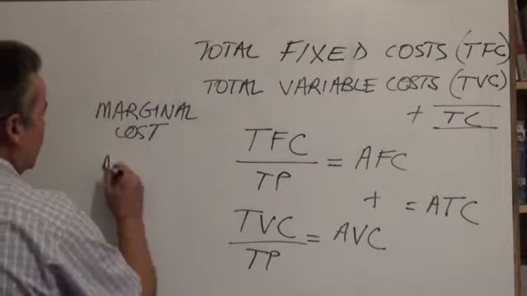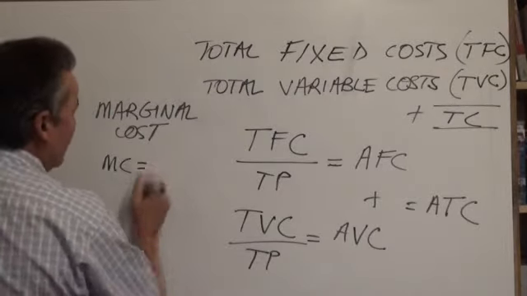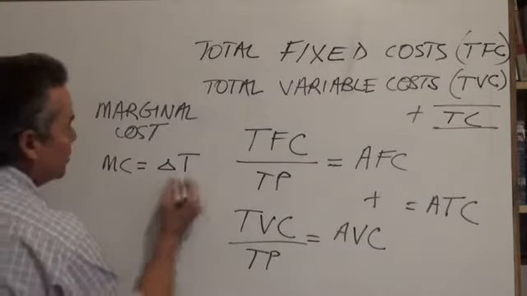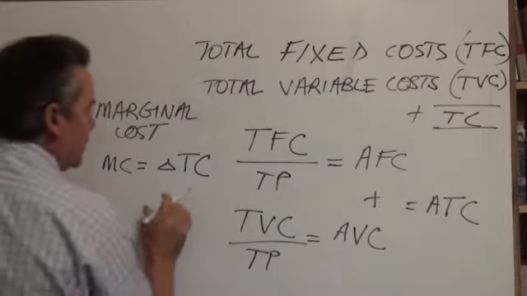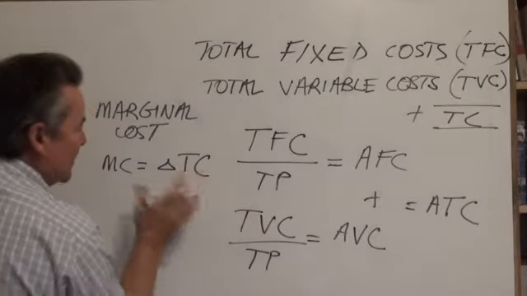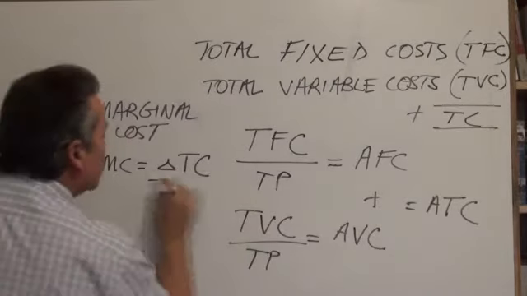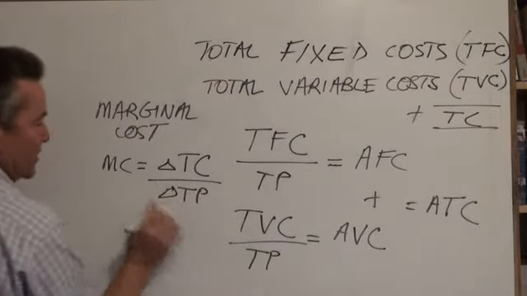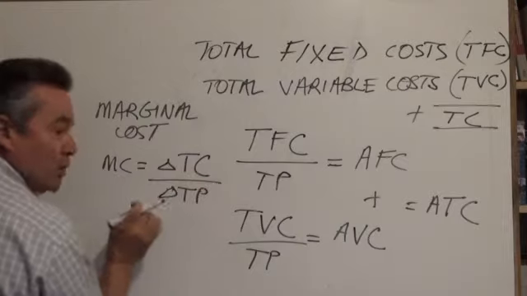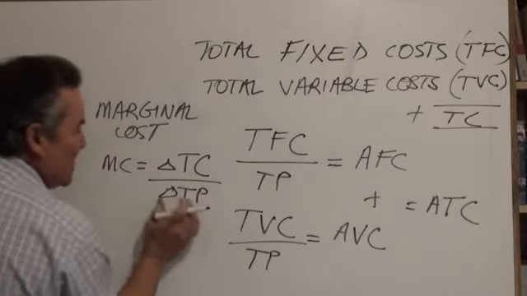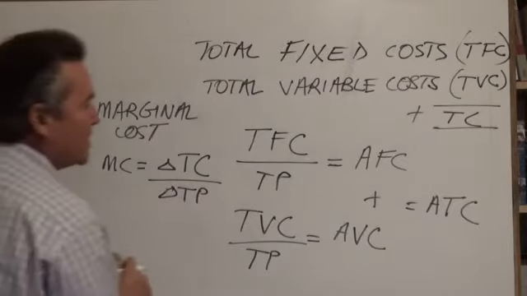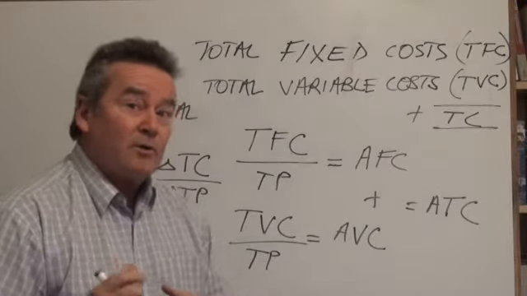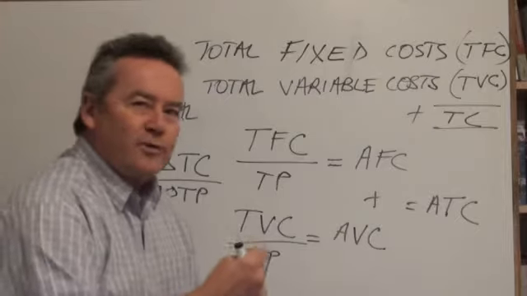So MC, marginal cost, will be equal to the change in TC, so our little delta symbol, change in TC, or as you know, technically TVC as well, over the change in TP. In other words, the change in total cost brought about by the change in our quantity of output. Right, I'll take you back to the computer and I'll walk you through this data again.